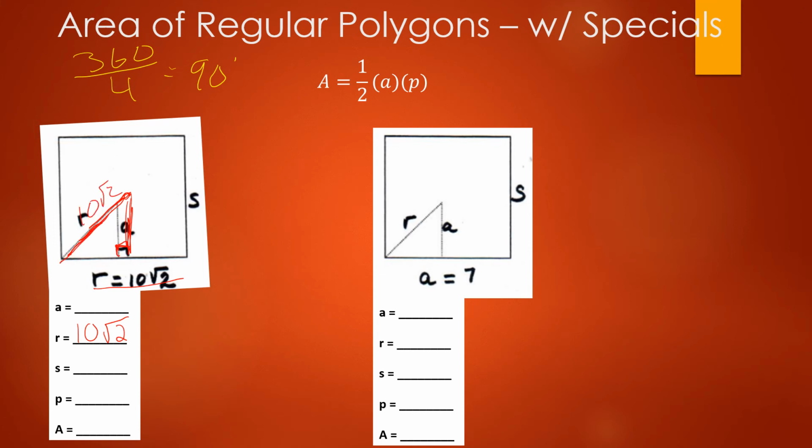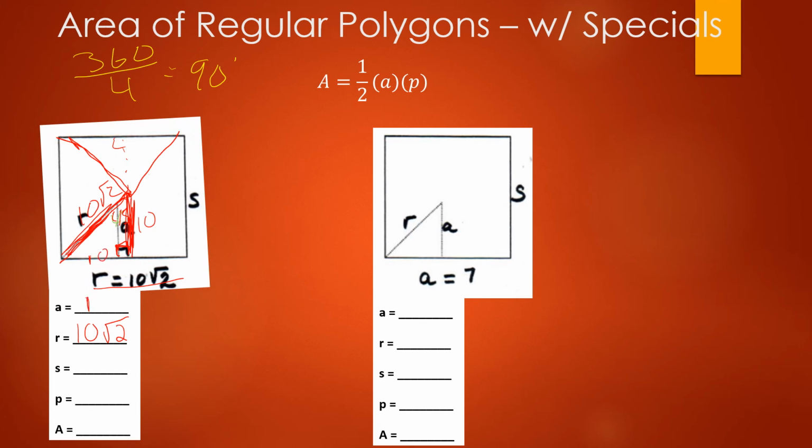Since the central angle was 90, the apothem split that 90 into 45, 45. So this is going to be 45 up top. This is going to be 45 up here. So I'm dealing with a 45, 45, 90, where the hypotenuse is 10 root 2. So these are both 10.